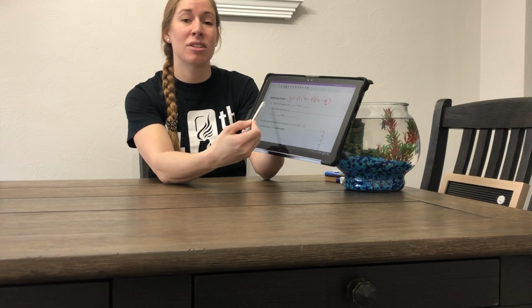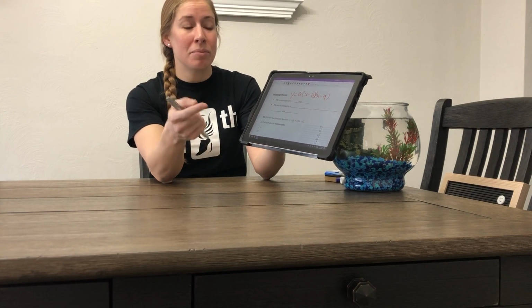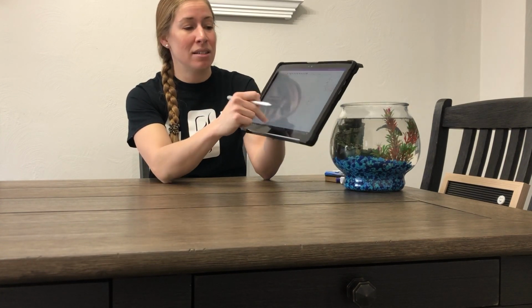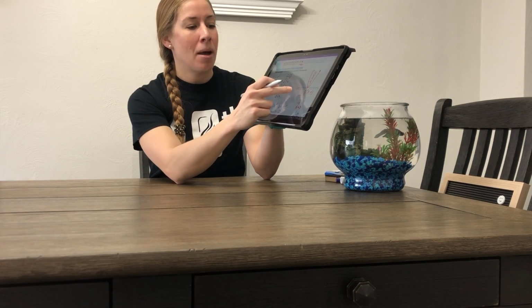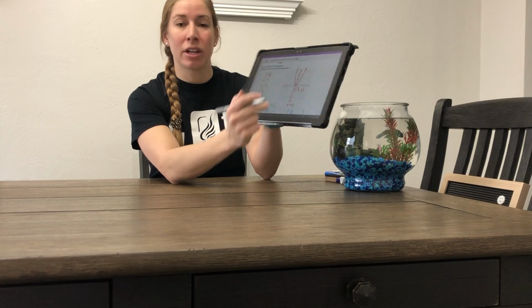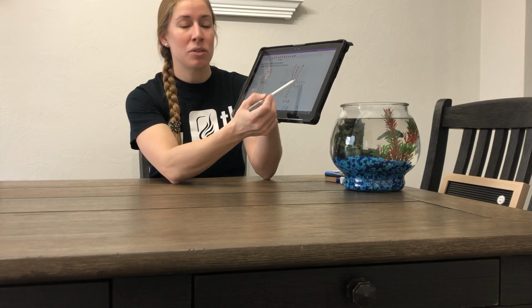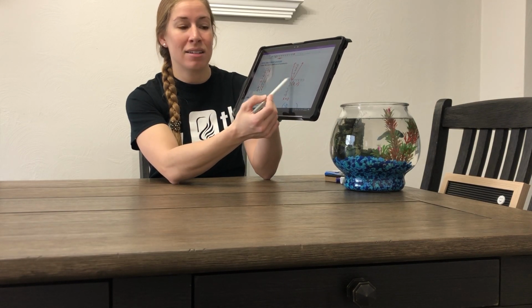Okay, this is intercept form. So just to refresh your memory, what an intercept is, if I go all the way back up to the top to our parent graph, well, that's not really a good example, but an intercept is where your graph is crossing through an axis.